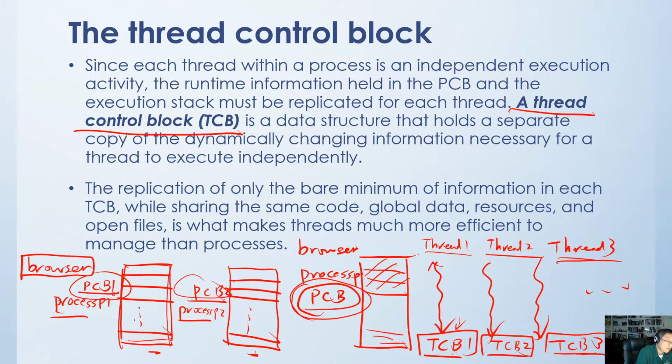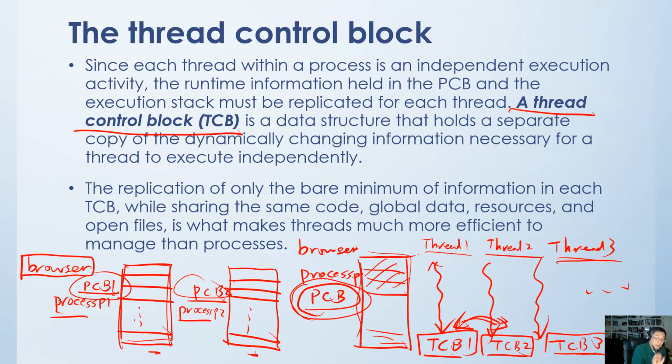But when you switch between threads, say currently thread 1 is running and you switch from thread 1 to thread 2, you only need to save the current thread control block and load the next thread control block. Most of the process you don't have to change. The PCB part you don't have to change; you only change the thread control block part.